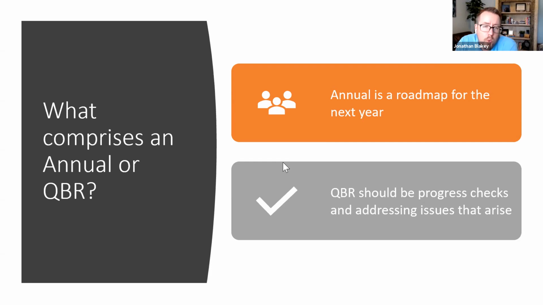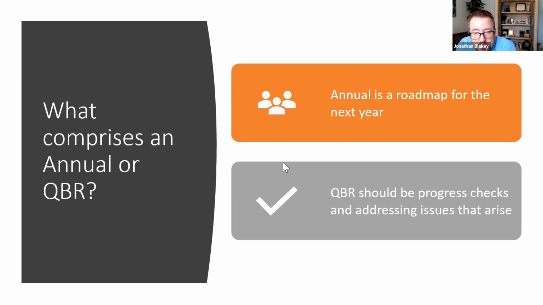So what's the difference between the annual and the QBR? When we talk about the annual strategy session, this is more of a roadmap for the next year ahead. And then the QBR should be used as a milestone or progress check based on what was put in place from the annual strategy session.